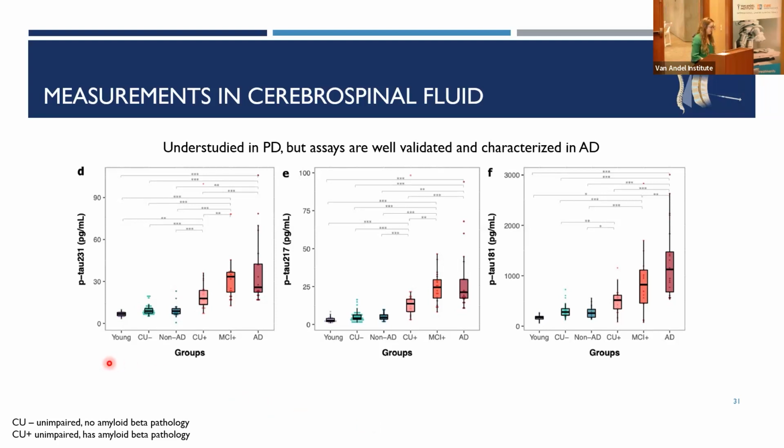And what they were able to find is, as we moved from young patients all the way on the left of each of the graphs to cognitive impairment here, where it's just marked by CU with the plus, of a like prodromal Alzheimer's disease state, so they're likely developing toward Alzheimer's disease, all the way to a diagnosis of Alzheimer's disease, we see aggregated tau increase in the CSF. So we're able to show how these levels change over time in other diseases. So now it's going to be taking those same tests and using them for Parkinson's disease.